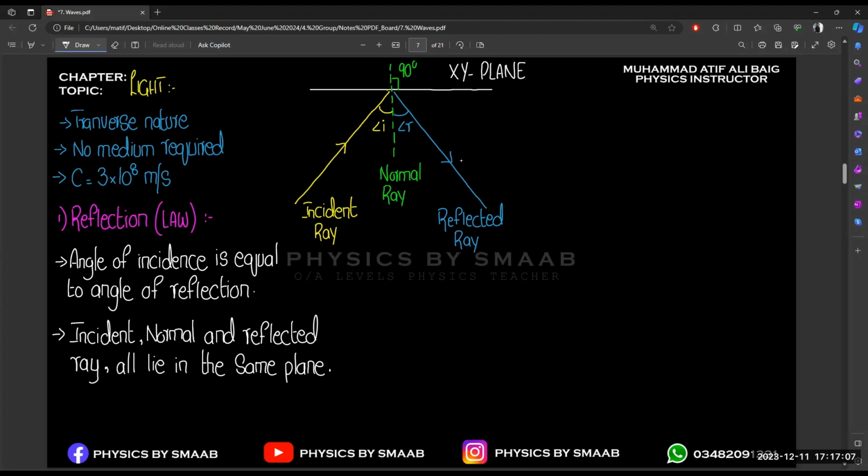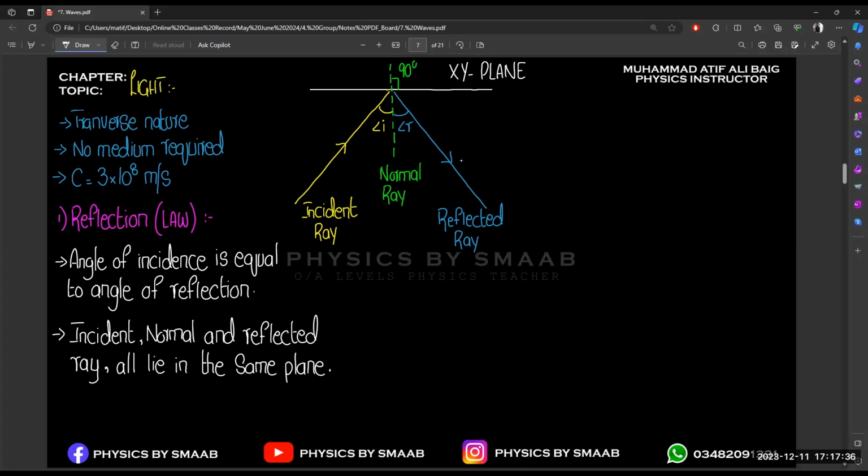On paper, we are using the XY plane because that is simple to identify and simple to draw. In some conditions, when we discuss advanced concepts, we sometimes also use the Z axis, but not in the light chapter right now because we are learning the basic concept. That's why we only consider the XY plane in our syllabus.